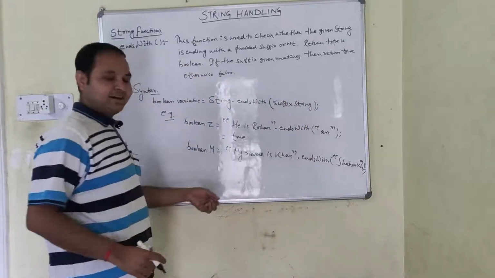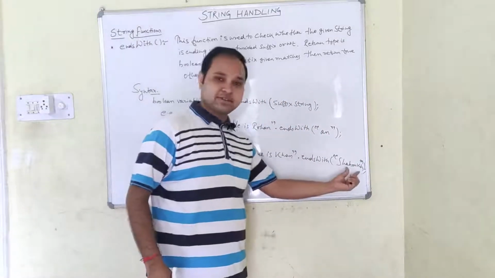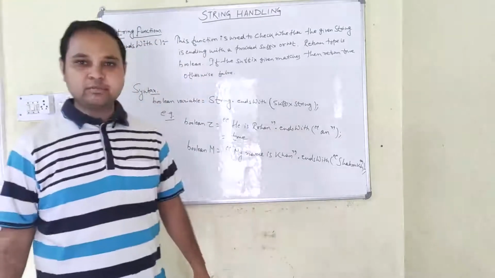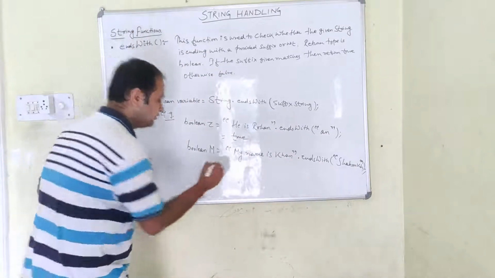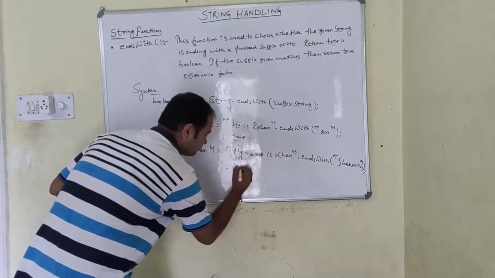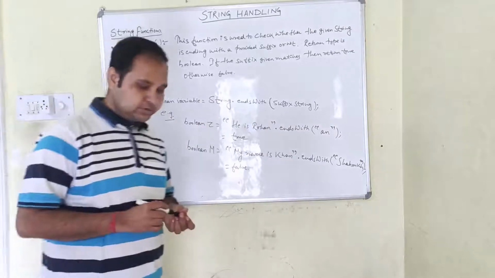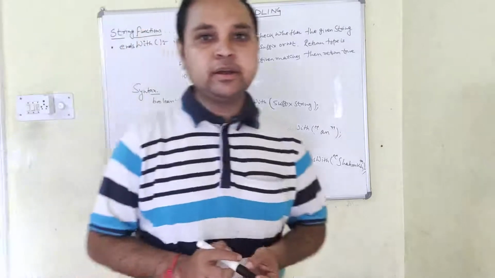So as you can see, I have provided here the suffix string as "Shahrukh", and the word ending is "Khan". As both are not matching, it will give you false. Okay, so this is the use of the endsWith.